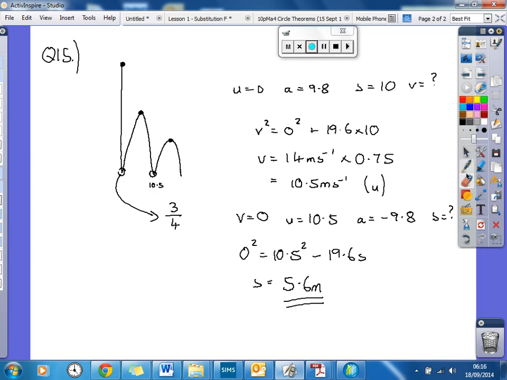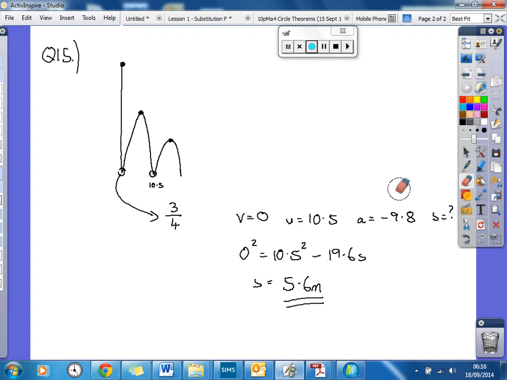I'll get rid of a few things. So we know now our starting velocity is another 3/4 of that, which is 7.875. That's our new u.